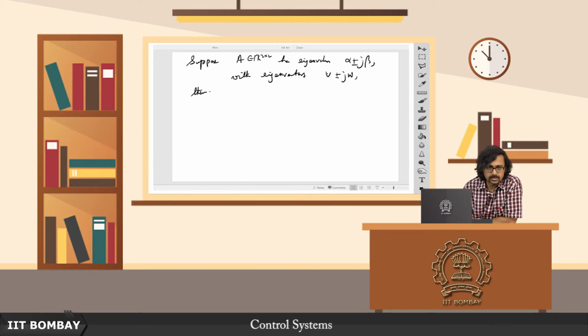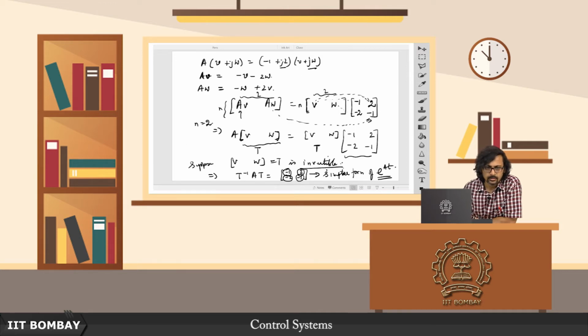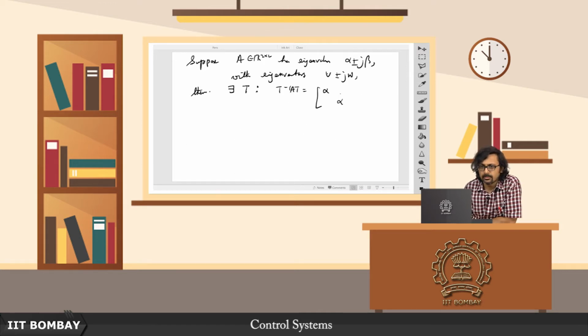then, and this is going to be the claim, there exists T such that T inverse AT is equal to the matrix alpha beta minus beta alpha, and notice what the form here is. Let us call it delta, not the lambda matrix, because the lambda we have reserved for the diagonal matrix.